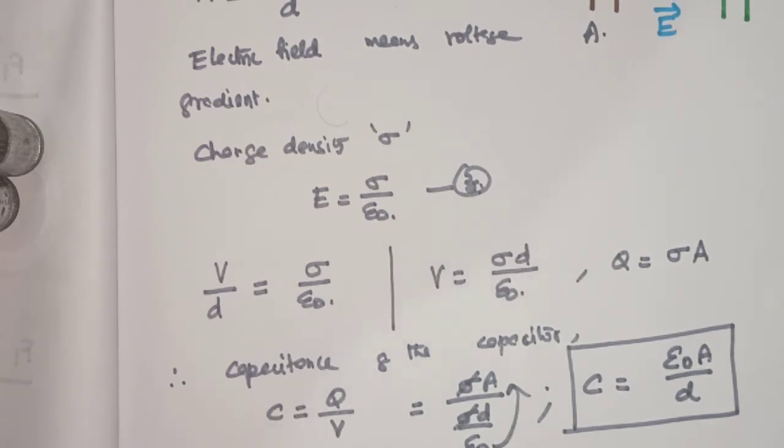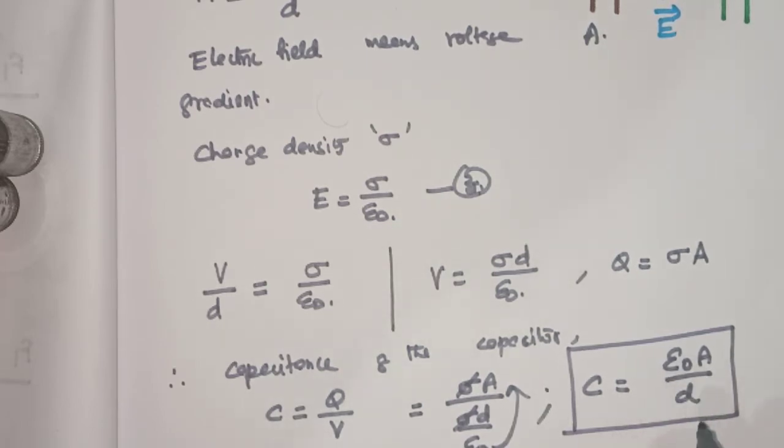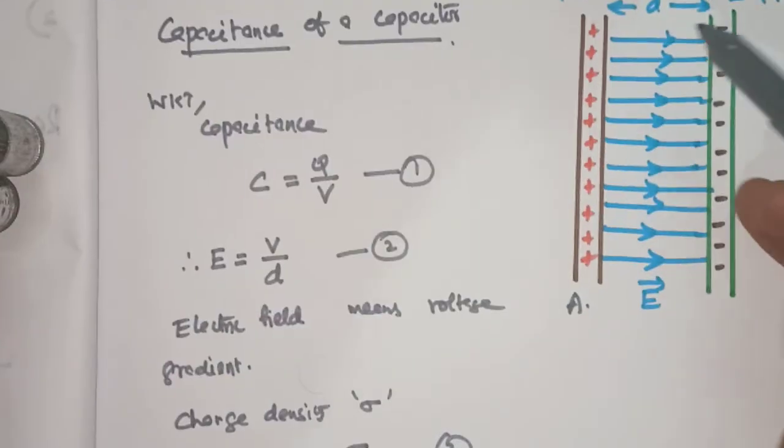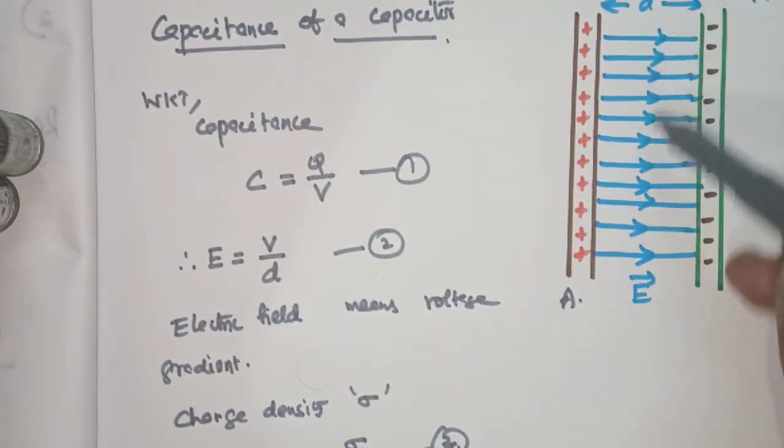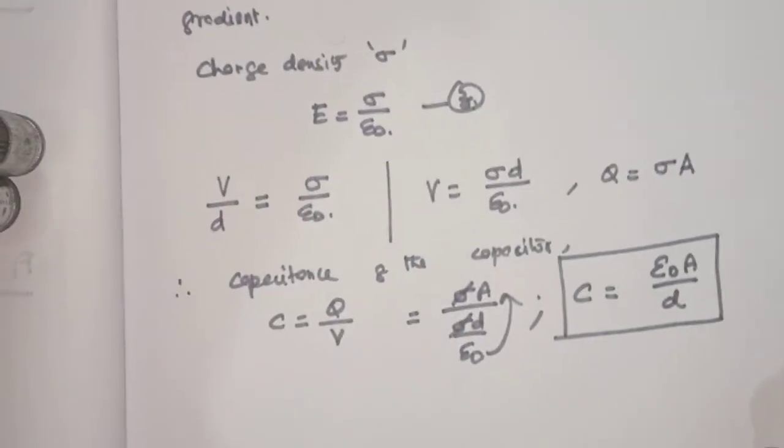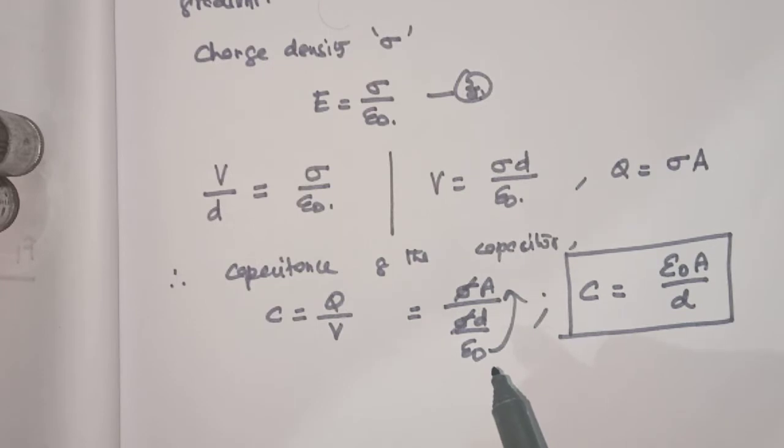Okay, this is for air or vacuum in between the capacitor plates. So it gives this equation.